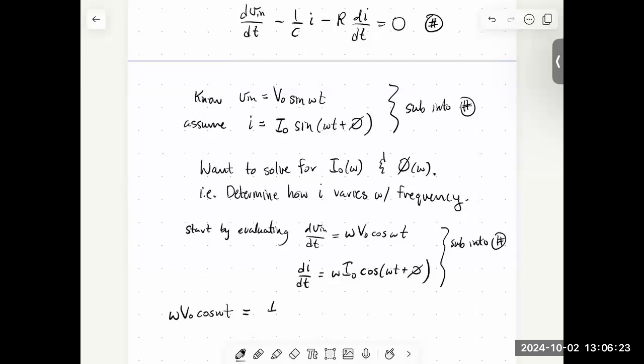So it's going to be I naught divided by c, and then it's just going to be sine(omega t plus phi). And then we're going to have plus r times the derivative of the current, and the derivative of the current is here. So it's going to be plus omega I naught r, and then the sine became a cos.